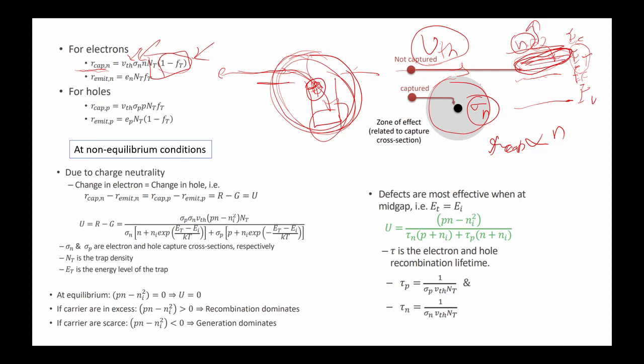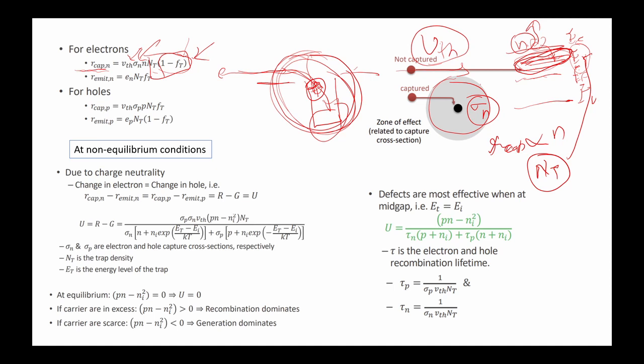So what is the probability? 1 minus ft. This ft is the Fermi-Dirac distribution, from which we calculated the probability of this state being empty. And what is the density of states? Nt is the total density of trap states.